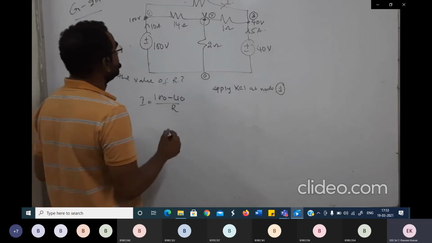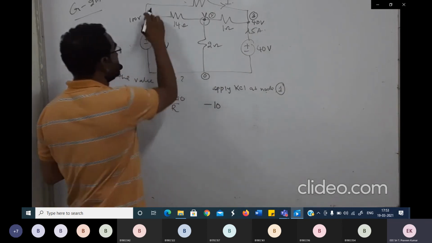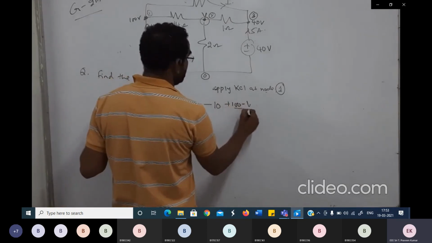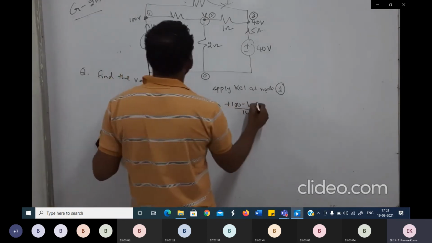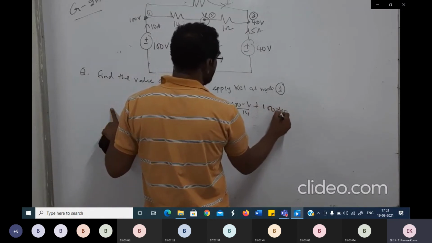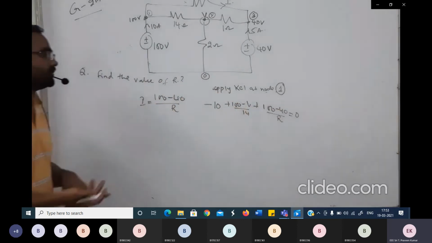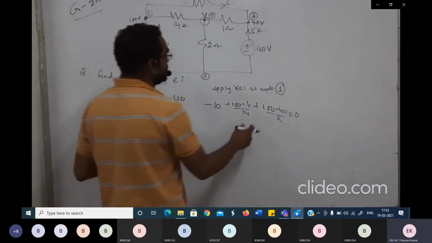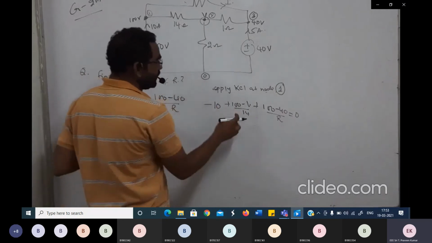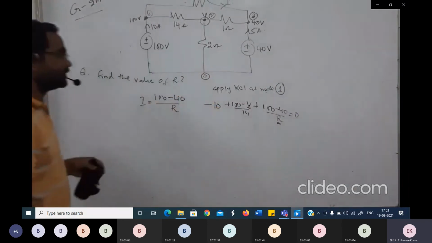So what you are going to get here is minus 10, this is the current here, plus 100 minus V by 14, plus 100 minus 40 divided by R, equals 0. But you have V here, you have R here.